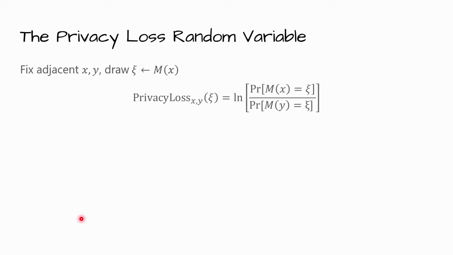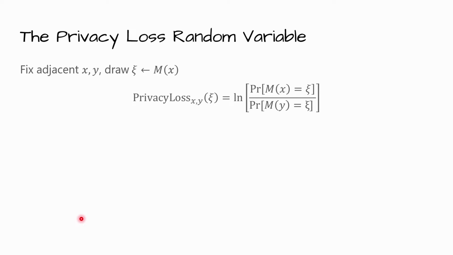Now, let me introduce the formal privacy loss random variable. Suppose I have two adjacent databases, X and Y. Let's fix X and Y. And I have an algorithm M, and I'm running M on X, not on Y. It really matters. This is not a symmetric definition.